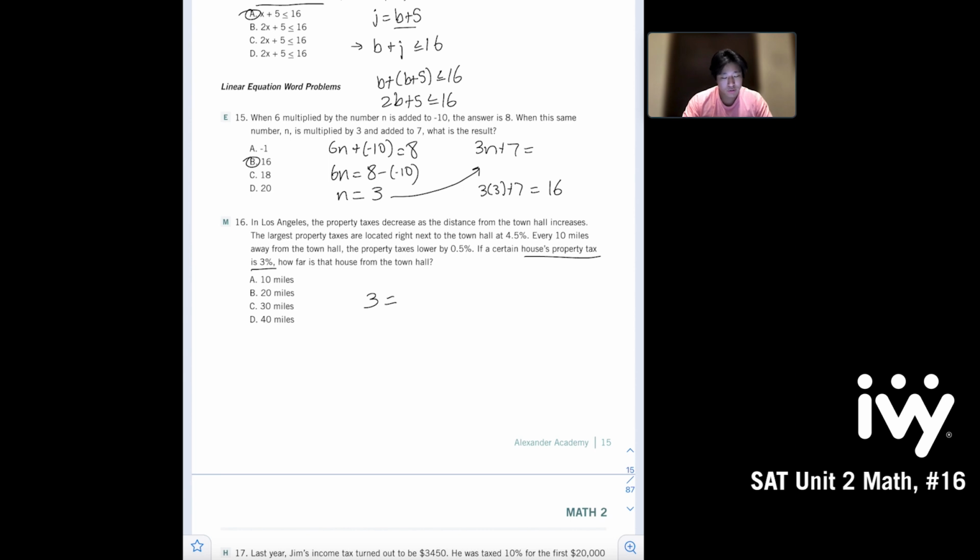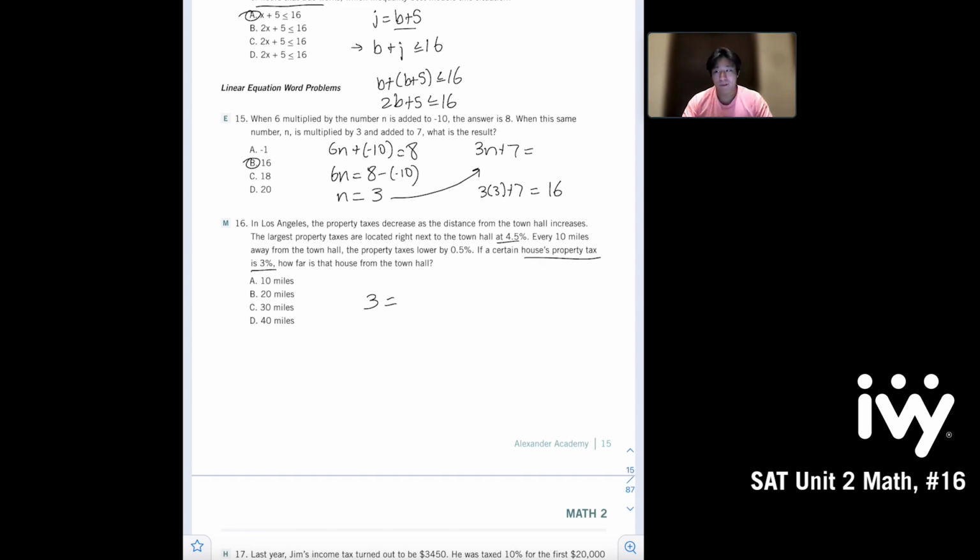So that should be equal to this calculation for the percentage property tax that we're given. So we see that right next to the town hall, we have 4.5, right? So that means our initial value, where x is equal to 0 miles away, is 4.5. But from there, we keep getting smaller and smaller as we get further away. They lower by 0.5% every 10 miles. 0.5 is kind of like our slope, our incremental change.